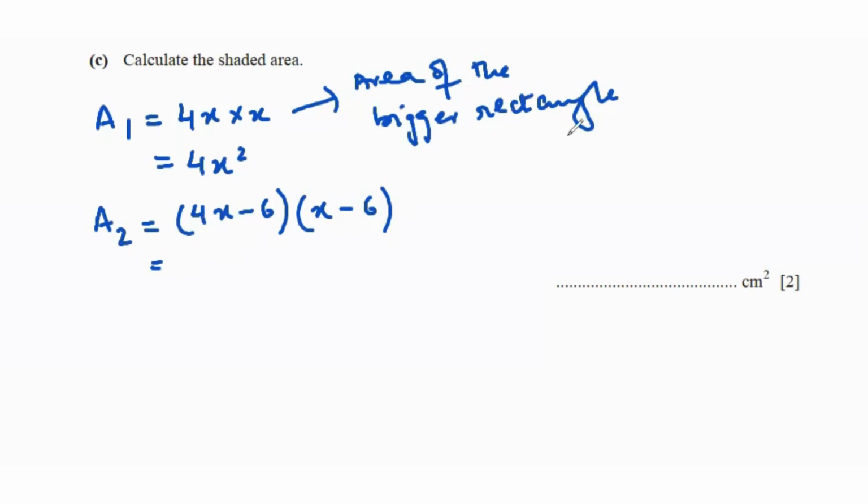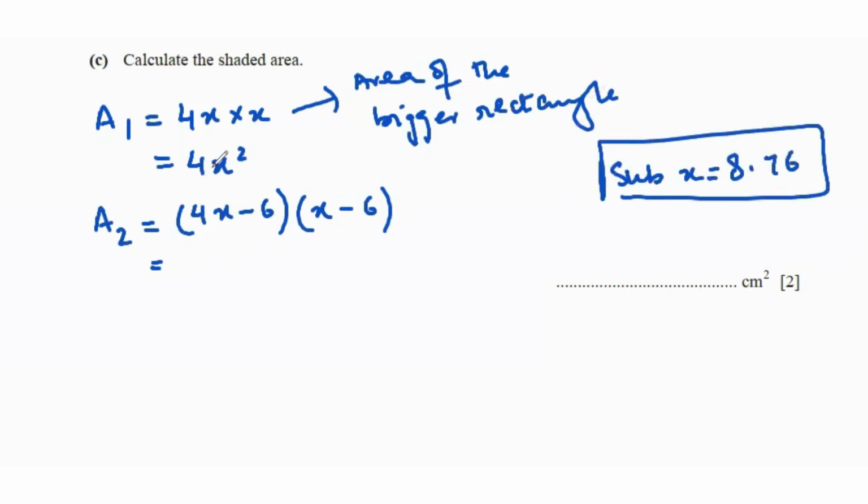So I'm going to substitute x equals 8.76 in both A1 and A2. Why 8.76? Because the value of x cannot be a negative value. We're talking about measurements. Measurements are always positive. So I'm going to substitute 8.76 into A1 and A2. So 4 times 8.76 minus 6 times 8.76 minus 6.